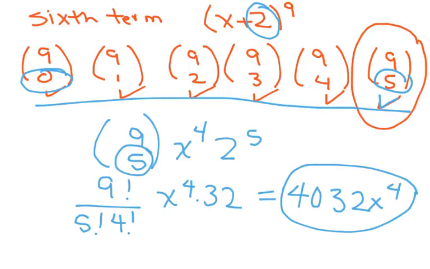So let's do a couple more of those until the minutes run out. All right, because you have plenty of time to practice this, we want to find the 5th term of the expansion of (x + 3) to the 7th.